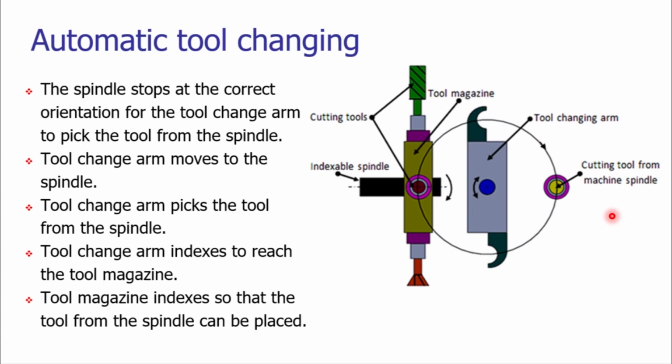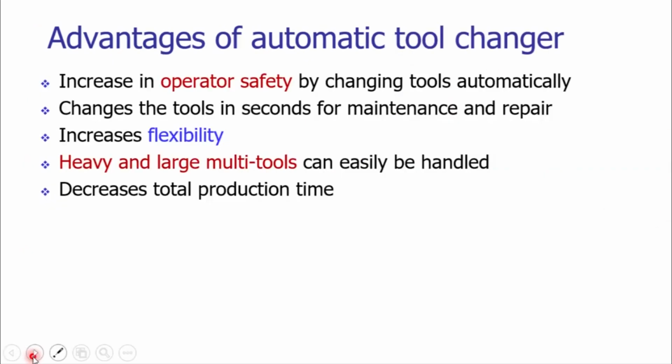So as I mentioned, the tool changing operation is time consuming, that is the bottleneck, and it is affecting the lead time of the product manufacturing. So in general, I can say that there are various advantages of using automatic tool changing. The used tools may be at very high temperature and the tool changing operation may harm the operator or the worker.